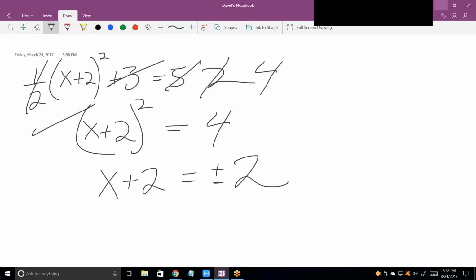Okay? And it's not trivial. It's a different answer. Notice now, what are the two answers for x? X equals 0 and X equals -4. Notice that if I had not put the plus or minus there, I would have got x equals 0 only.